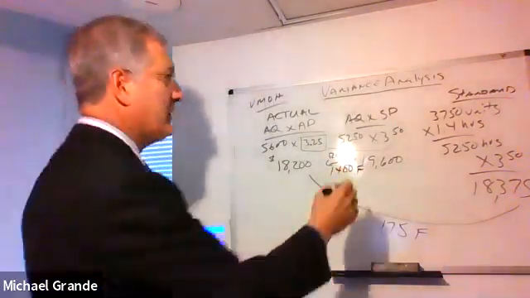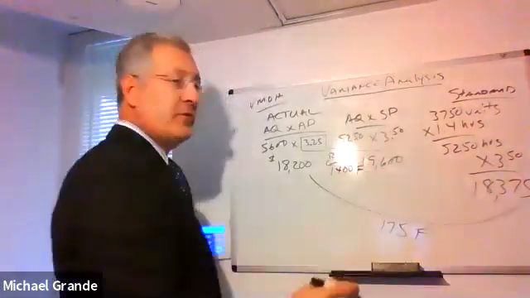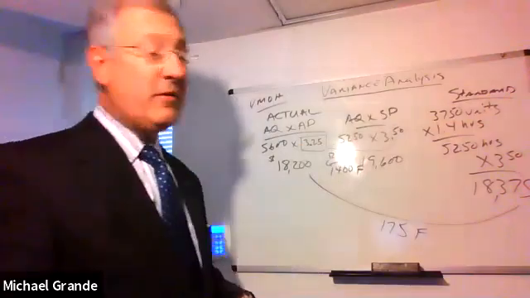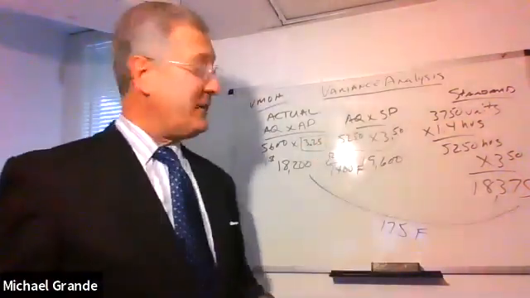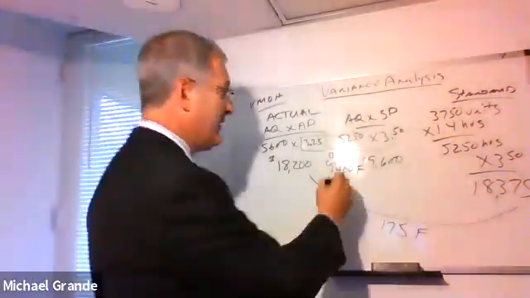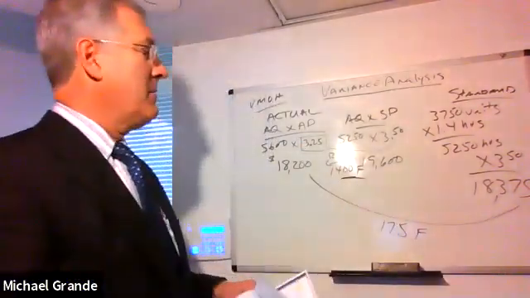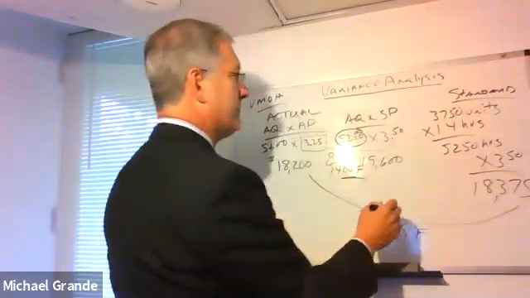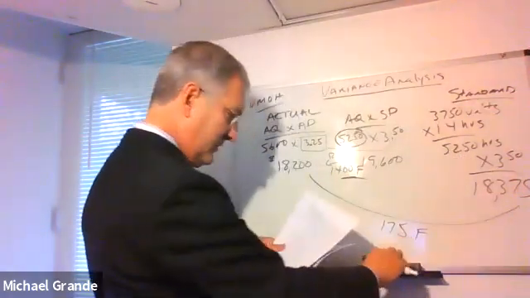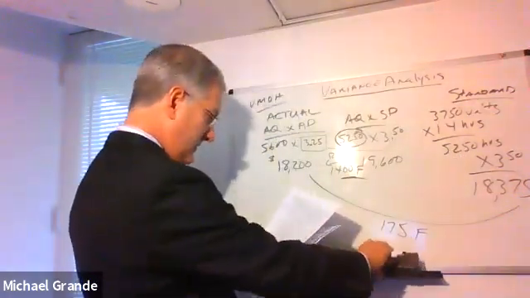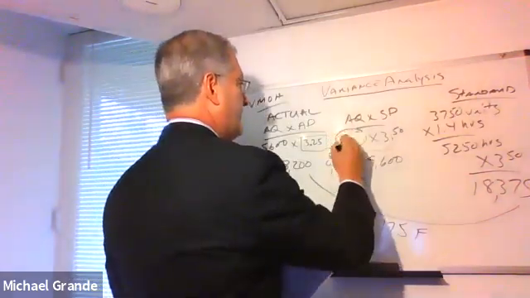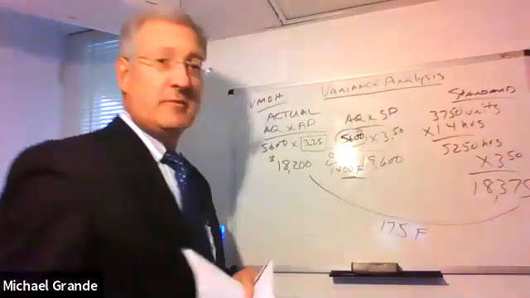Why is it favorable? Because the predetermined overhead was at 3.50. It came in at 3.25, a 25 cents per hour savings times 5,600. Bang, big favorable variance. But what? They continued to be what? Inefficient, right? I'm sorry, this number here is 5,600. My apologies.